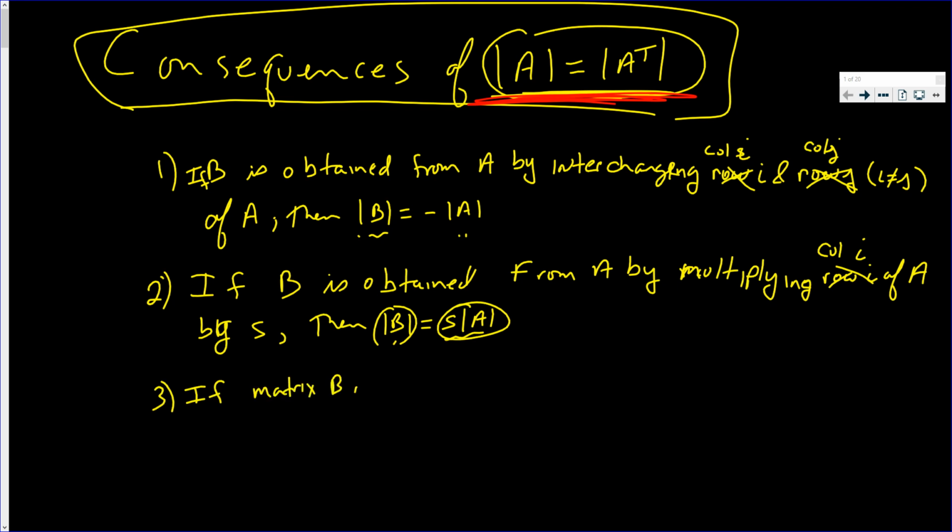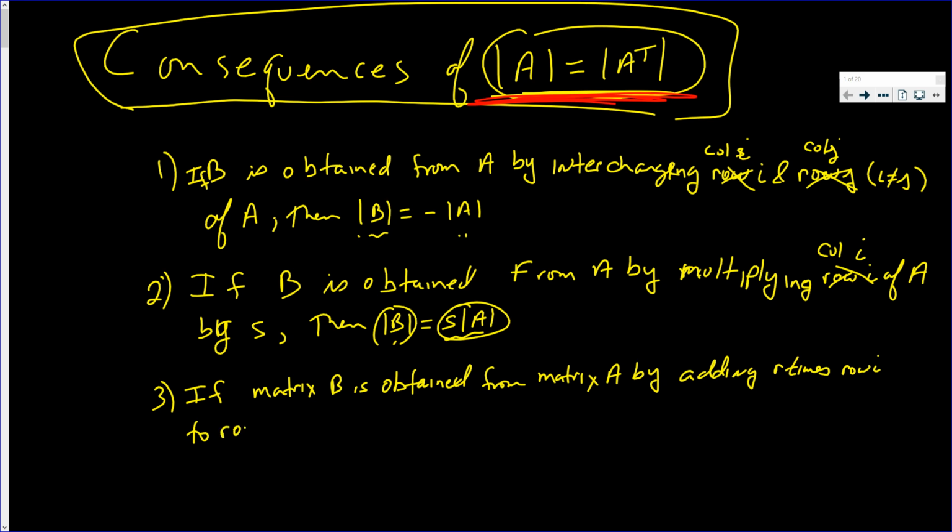If matrix B is obtained from matrix A by adding R times row I to row J, then the determinant of B and the determinant of A are actually equal.